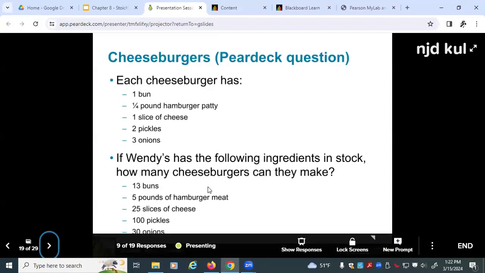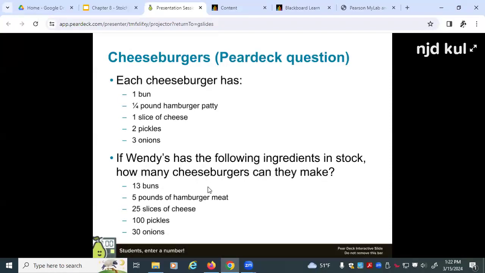If you haven't responded yet, throw out your best guess. Remember, we're not evaluating correctness here. We're going to tell you the correct answer anyway at some point.